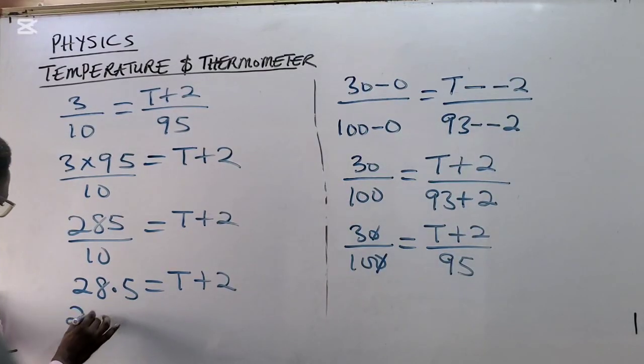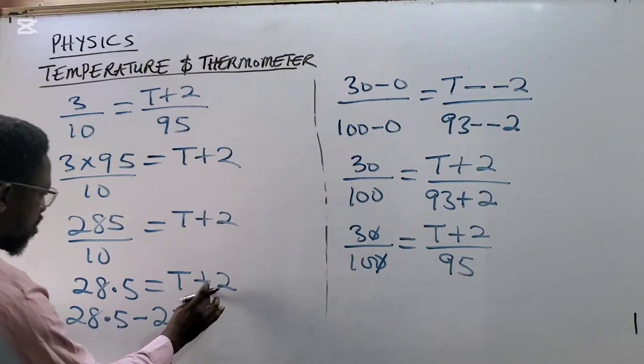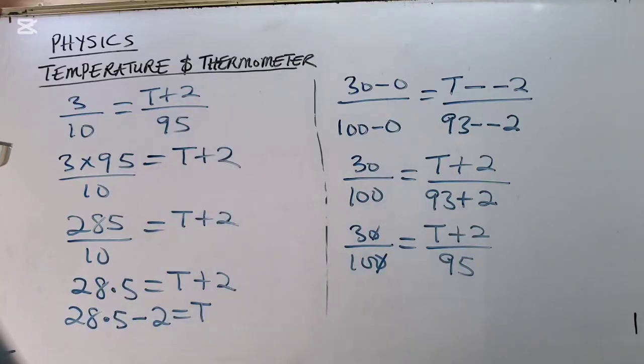So now you transfer this plus 2 across the equality. You transfer that, it becomes minus 2. Where a plus sign crosses the equality, it becomes minus.